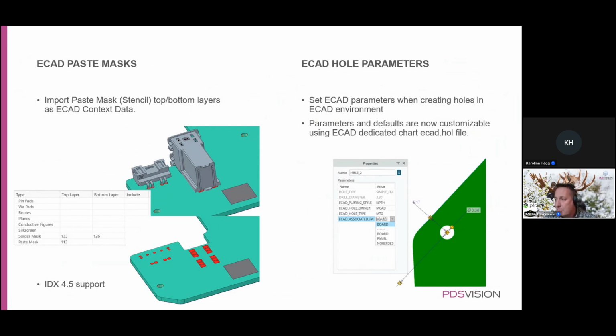So the ability is basically to have an even deeper understanding of what kind of holes or vias are available, and then have use for them in mechanical engineering as well. So all the parameters are now coming through a bit better, and you can customize the content in that so-called hole file, which defines how they appear after the import of the geometry.